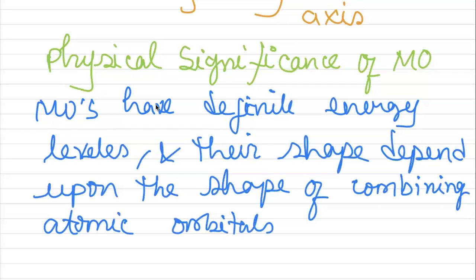So that means all the MOs have definite energy and their shape is dependent upon the combining atomic orbitals. The shape of the combining atomic orbitals will determine the shape of the molecular orbital.